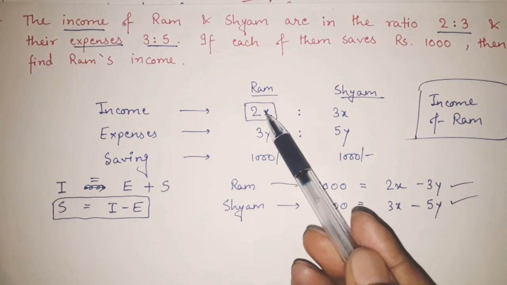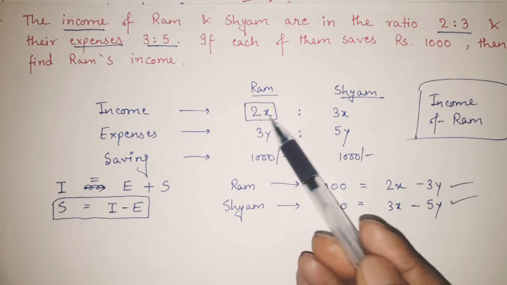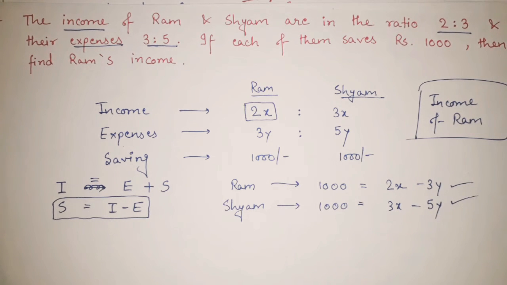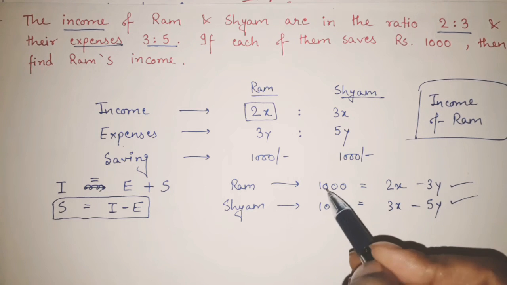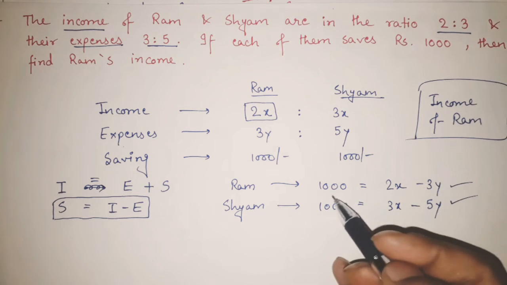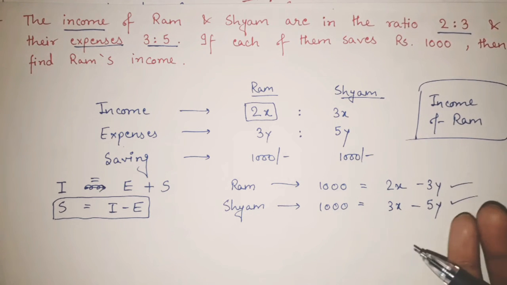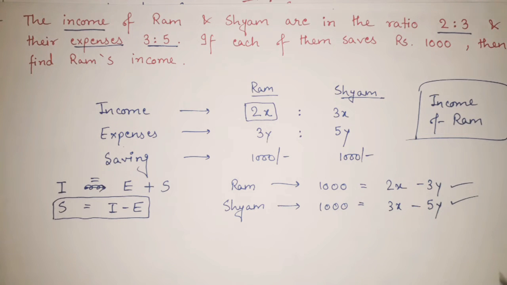That means if you find the value of x, then we can multiply it with 2 and we can say that yes, this is the income of Ram. Got it? So here our aim is to find out x, and we know that whenever we have two linear equations, we can easily solve them to find out the value of x and y, right? We have done it in school or college time.